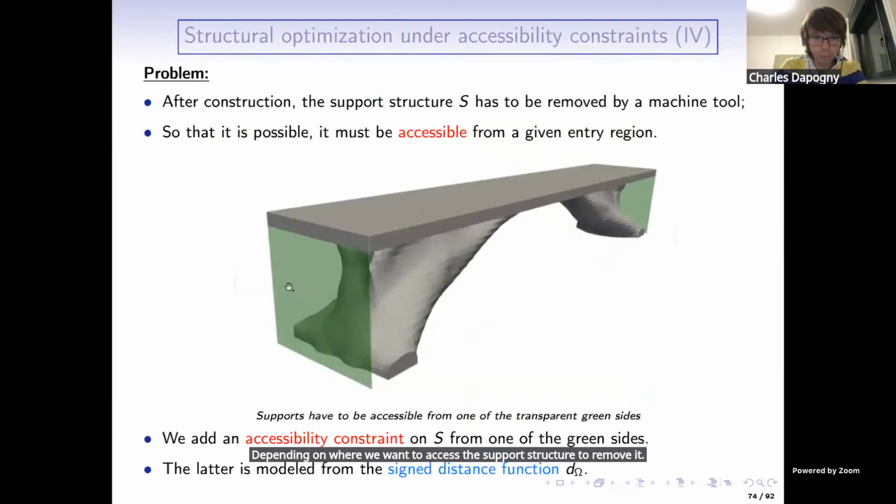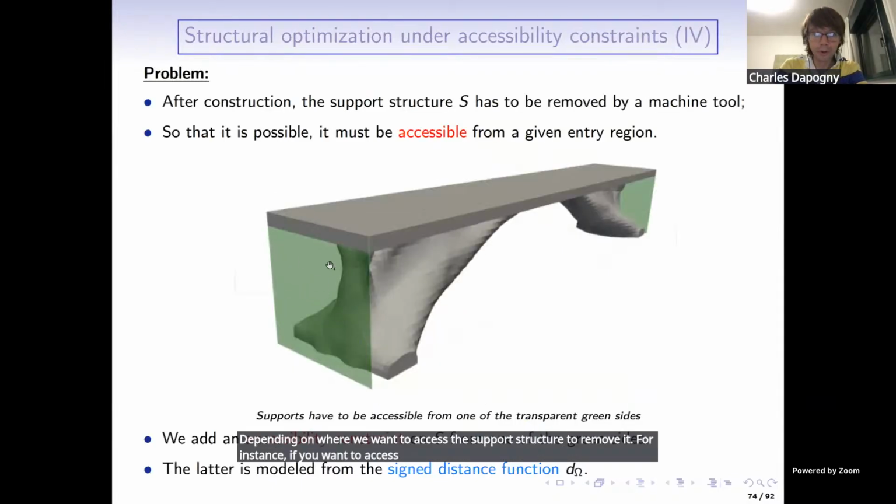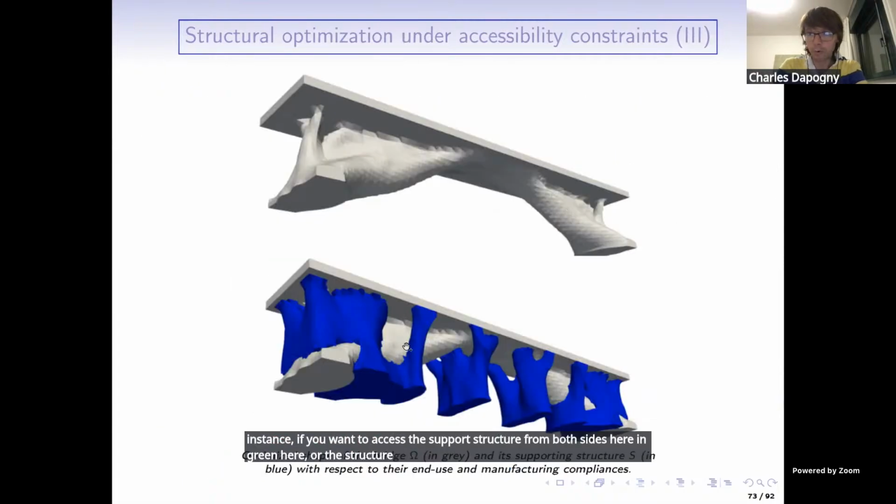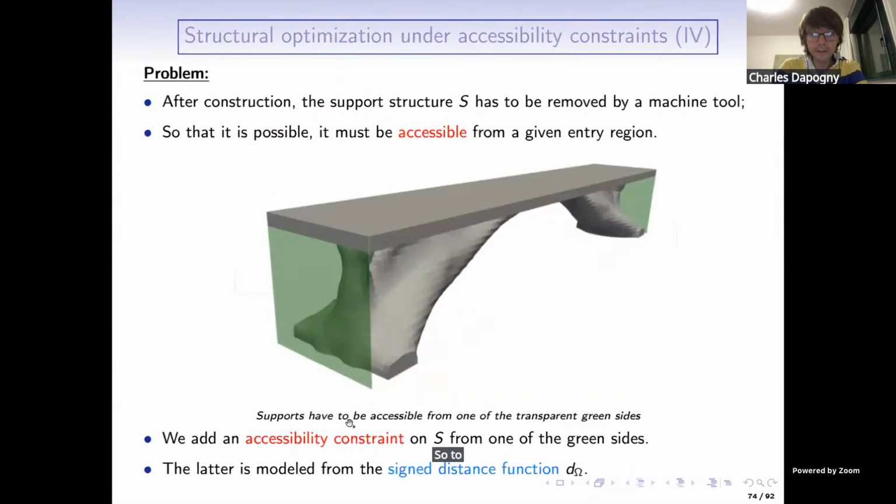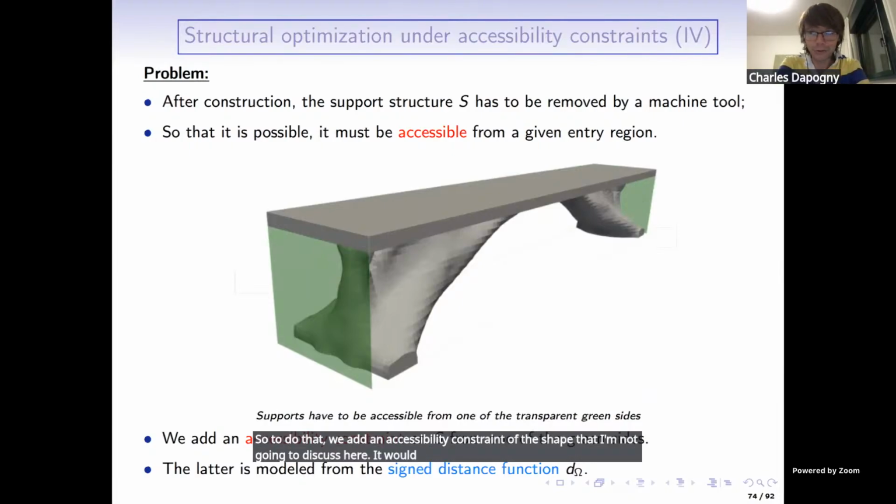For instance, if we want to access the support structure from both sides, shown here in green, all the structure here is not accessible, and we are not going to be able to remove it. To handle that, we add an accessibility constraint on the shape that I'm not going to discuss here. It would take a whole presentation to do this. Let's just mention that it is modeled from the signed distance function to the shape.